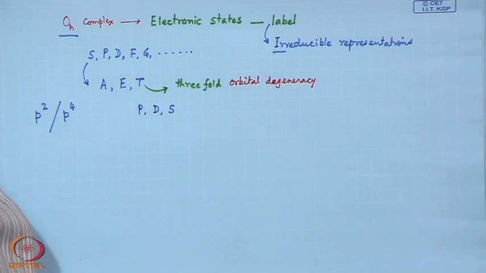We can see that, because if we go for more complicated systems like d8 or d9, there would be many more of these states. So, if we have p2, we can have the total ML and MS values corresponding to the total L value and the total S value.